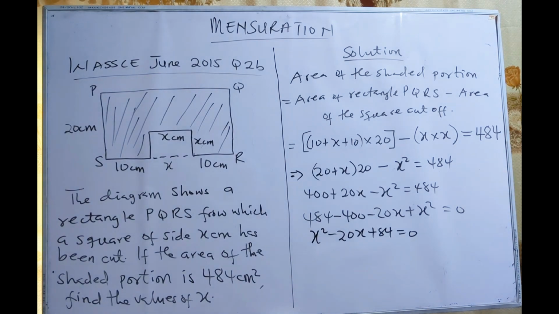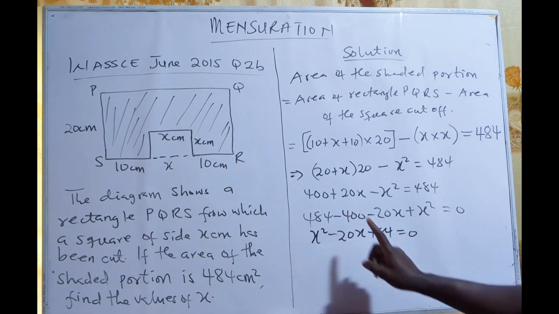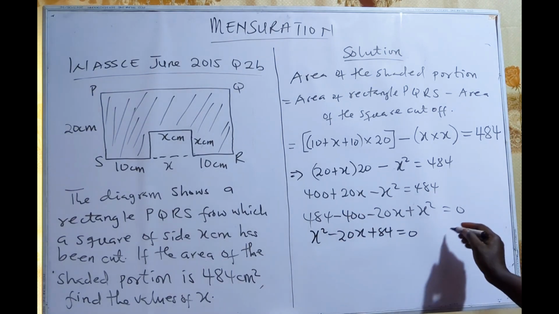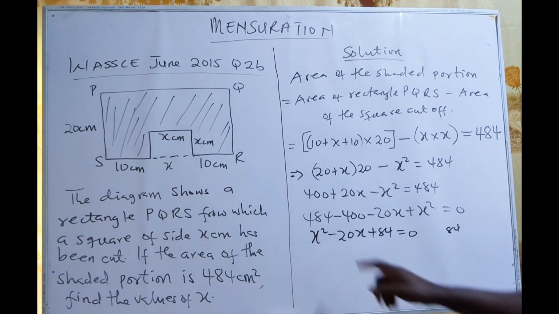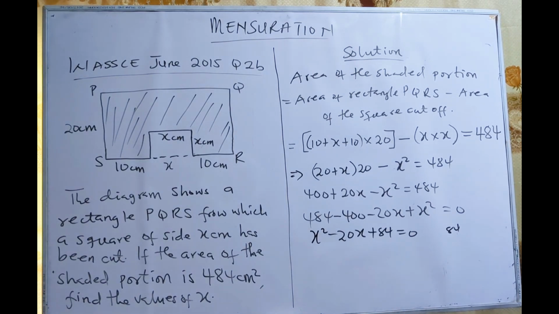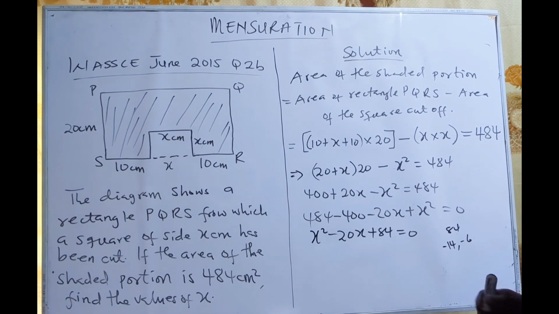The coefficient of x squared is 1, and then 1 times 84 gives us 84. So we need two factors of 84 that will give us minus 20. That can be minus 14 and minus 6. You can also use the calculator to factorize this if you know how to use it.